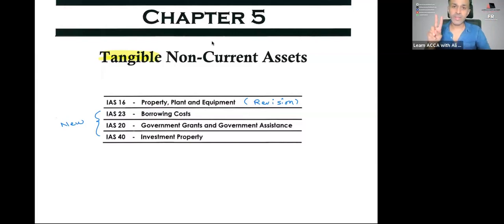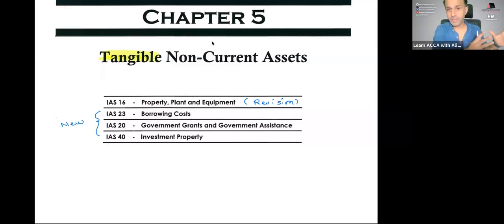There are two reasons why this whole topic of property, plant and equipment needs to be formally talked about. Why? Because the first reason, the way this topic is going to be examined at this level will be totally different from the way it was previously examined.